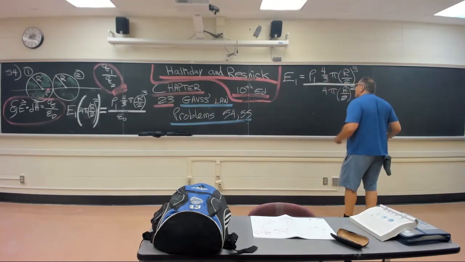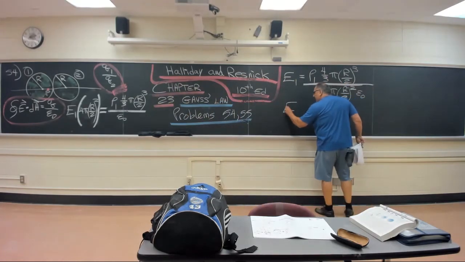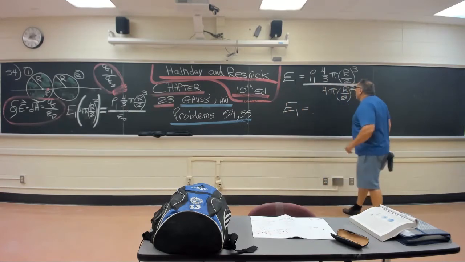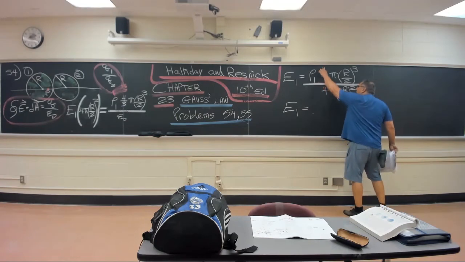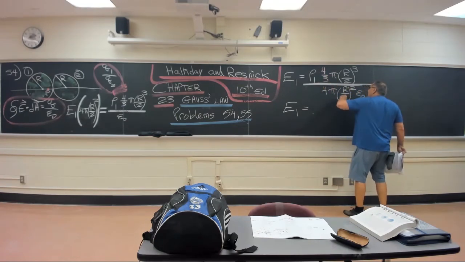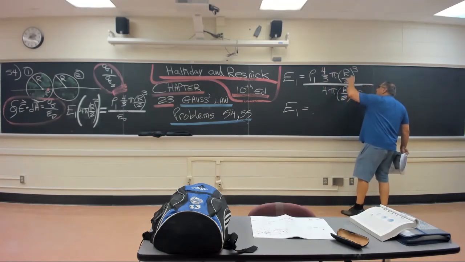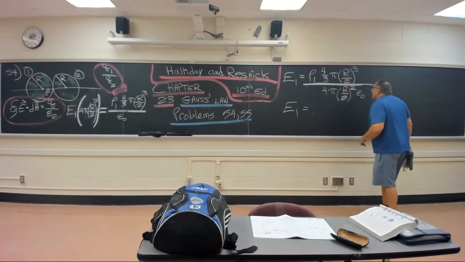There's a whole bunch of ways to write it. As long as we know what we're talking about, we're okay. The 4 goes into the 4, the pi goes into the pi, and the quantity R over 2 squared goes into the quantity R over 2 cubed.